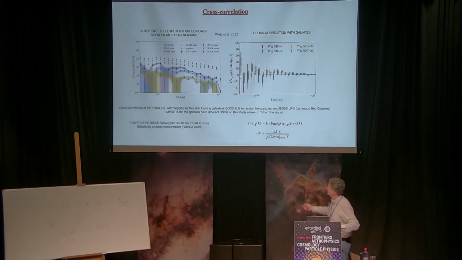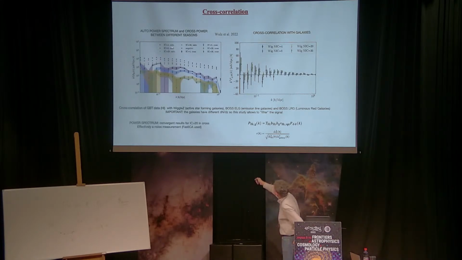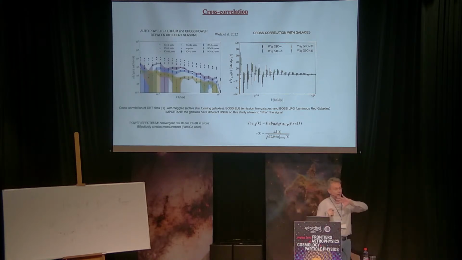So people did that. This is Laura Wolz. You see the HI autocorrelation and cross-correlation. And you see you have many different colors. What are these colors? These colors are when you take out the foregrounds by using principal component analysis, which you might know. It's a technique to remove the foregrounds.